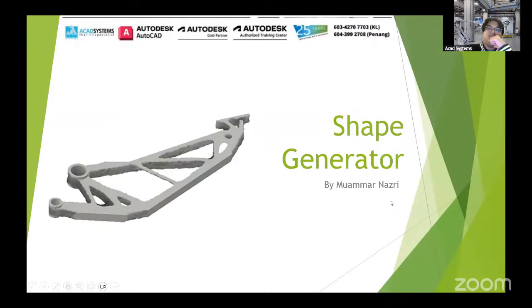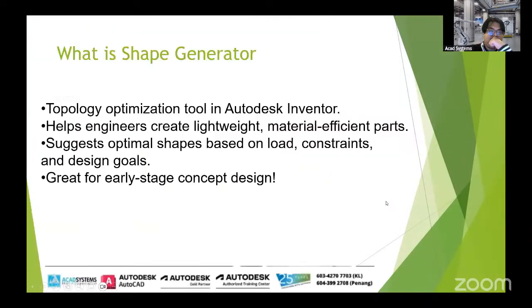So, shape generator. What is shape generator? Shape generator is a topology optimization tool in Autodesk Inventor. It can help you figure out the best possible shape for a part based on how it will be used.